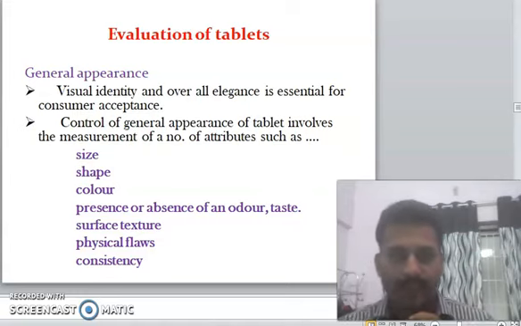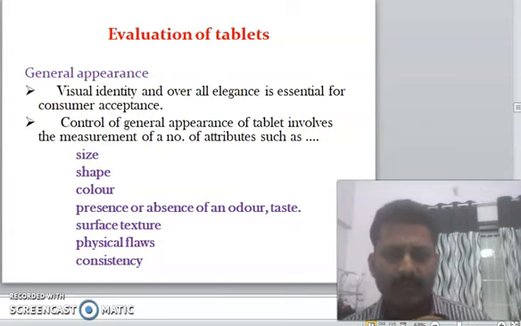In the evaluation of tablets, the first item in the slide is the general appearance, and the general appearance includes all these tests. These are required, but they do not come under the official tests. The general appearance means the visual identity, and elegance is essential for the consumer's acceptance.